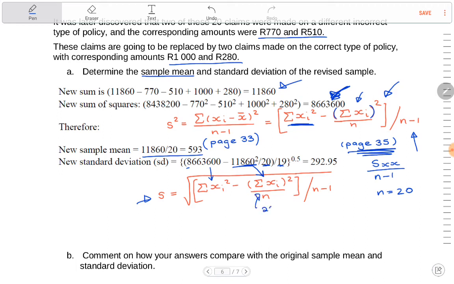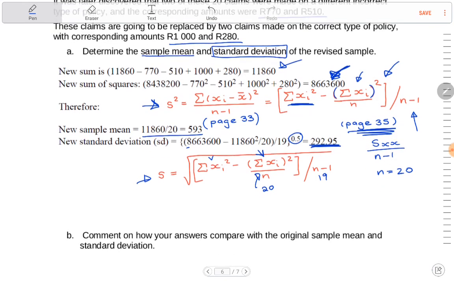And then you divide everything by 19, which is n minus 1. But remember, they wanted the standard deviation. The standard deviation is just the square root of the variance. The formula I gave you is for sample variance, so now you need to take the square root. And they just took the power of a half to get the square root. And then this will be your final answer. I hope you got that.